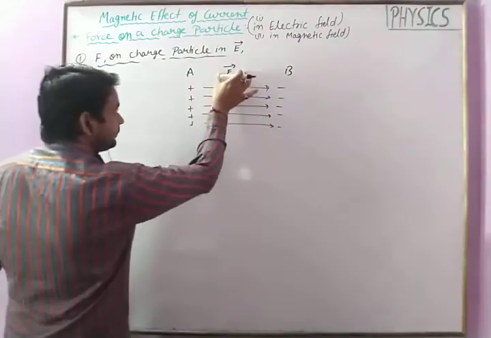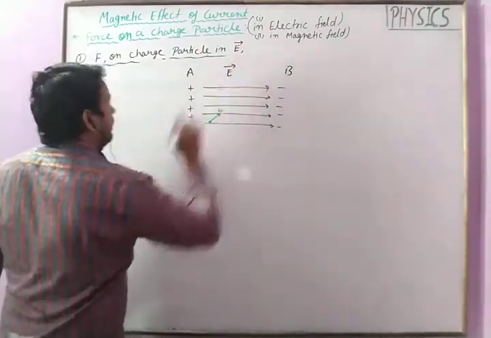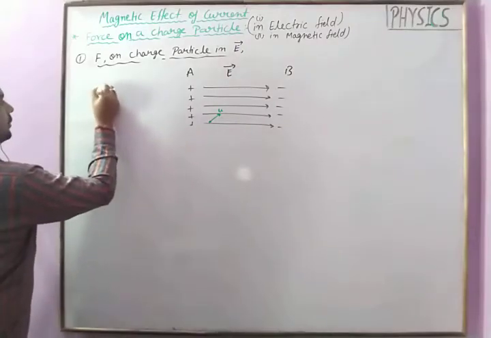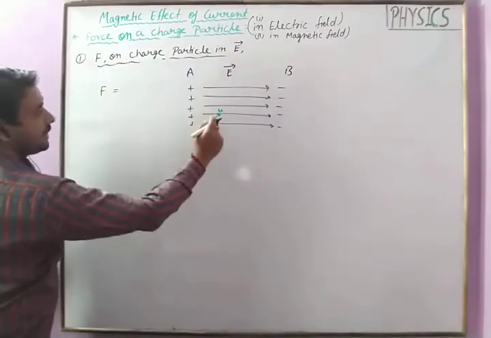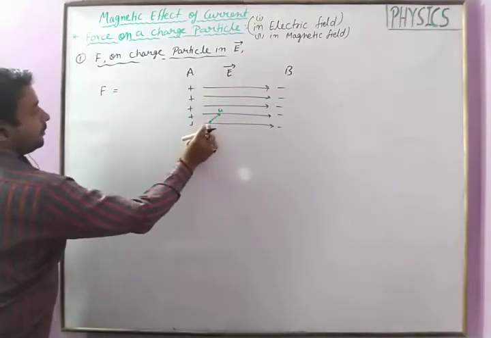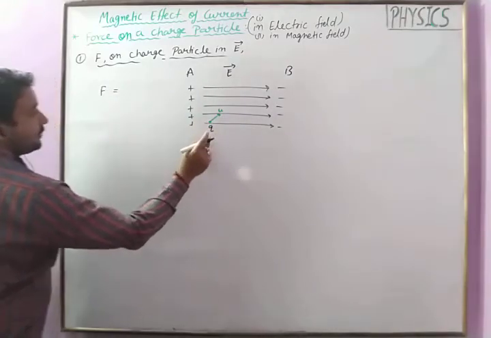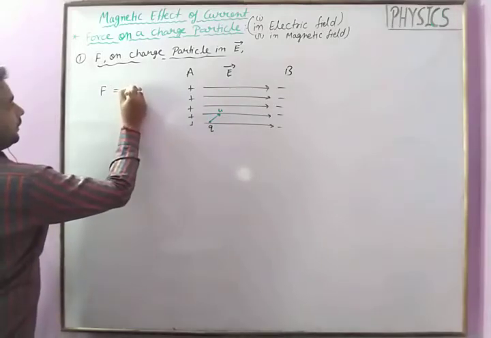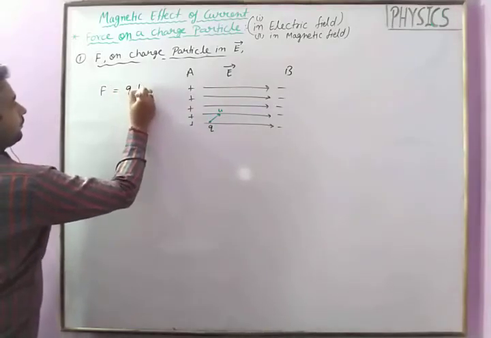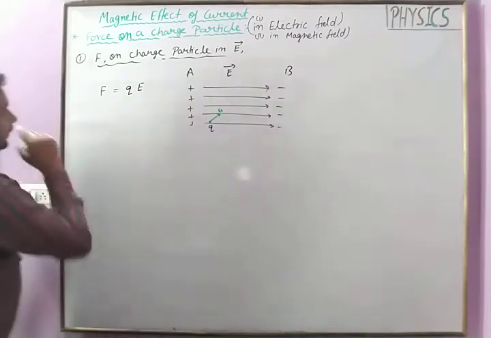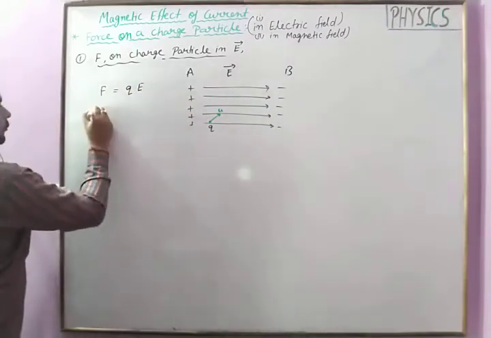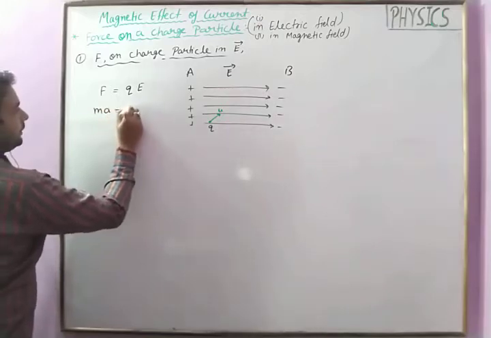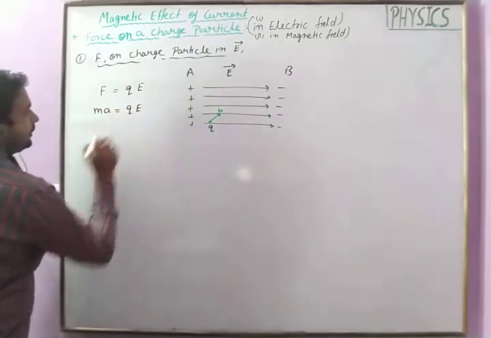That force experienced by the charged particle of charge q in electric field is given by QE. Okay, now we know that the force is given by mass into acceleration, which is equal to QE.